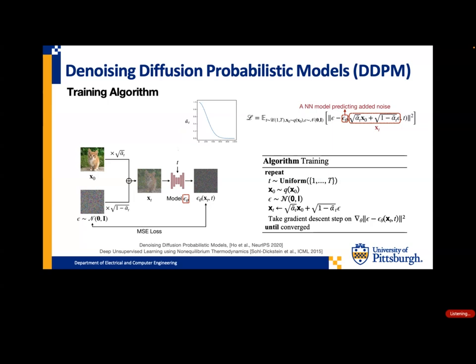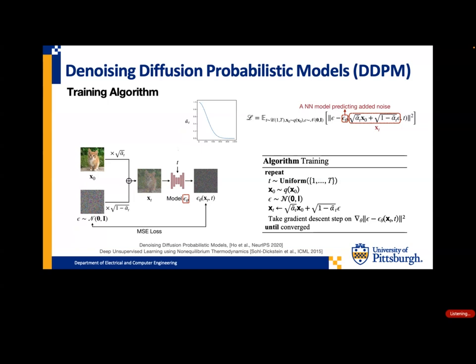Make sense? If you think about why you are using L2 loss here, even though it's a noise image, you can think of this as a point in hyperspace, however many dimensions you have, and essentially you are trying to make sure these two points are as close as possible.